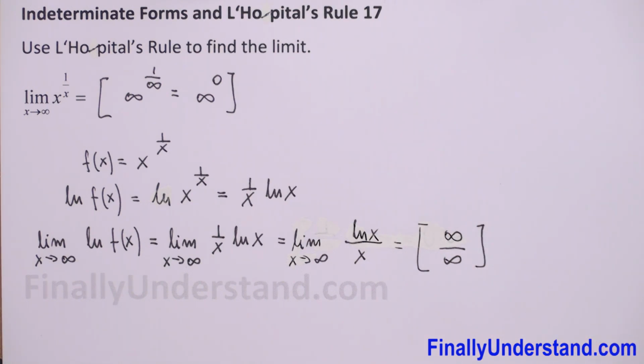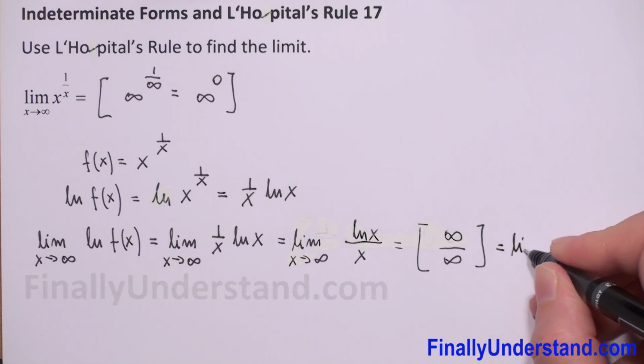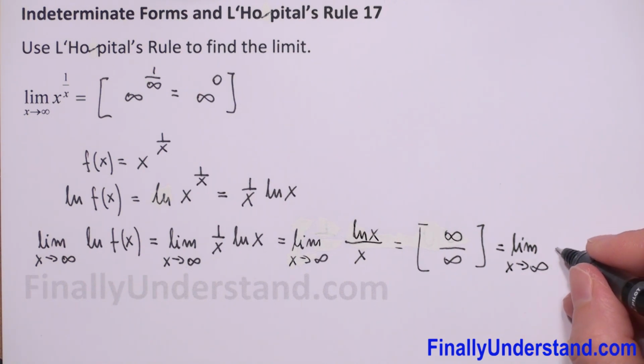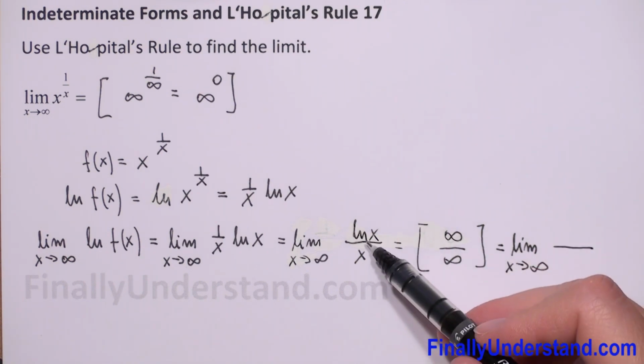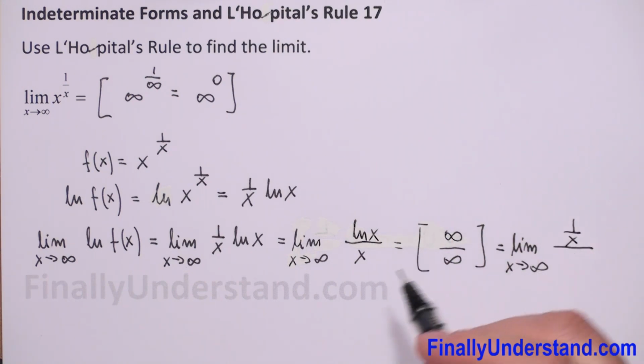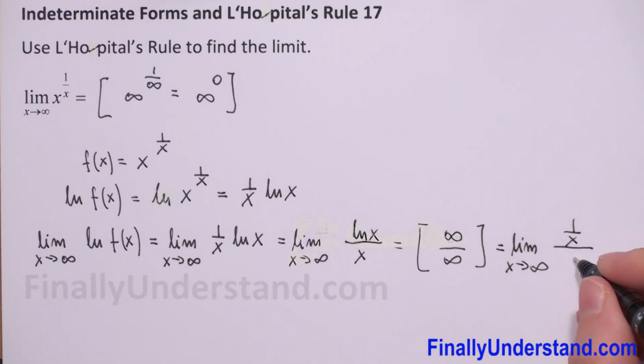So now we have to calculate the derivative of the function in the numerator and the derivative of the function in the denominator. The derivative of natural log of x is 1 over x, and the derivative of x is 1.